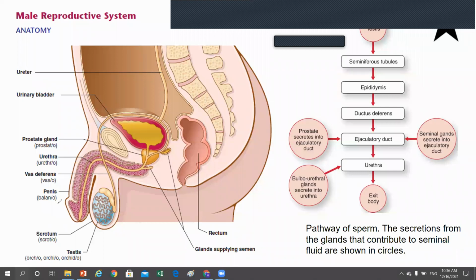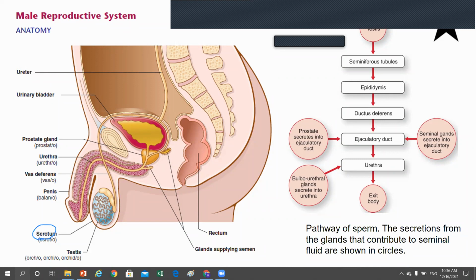This organ, the testes, the male has a pair of testes. They are enclosed within a sac that we call the scrotum. The scrotum is a bag in which this organ is enclosed. This is an external organ.